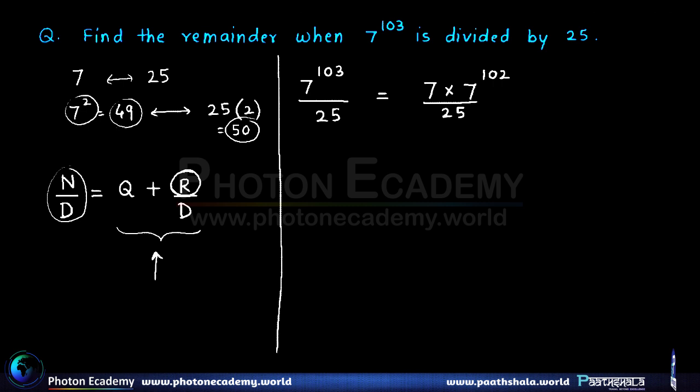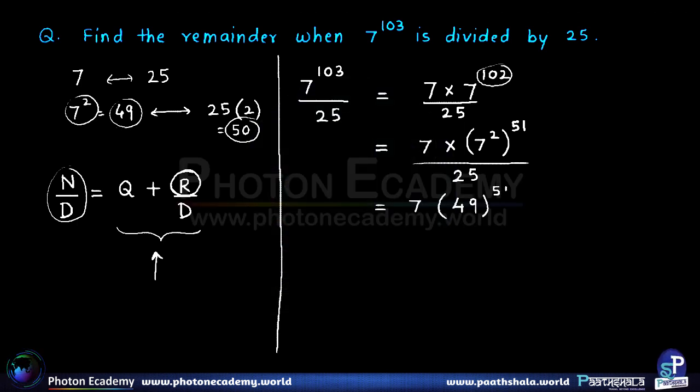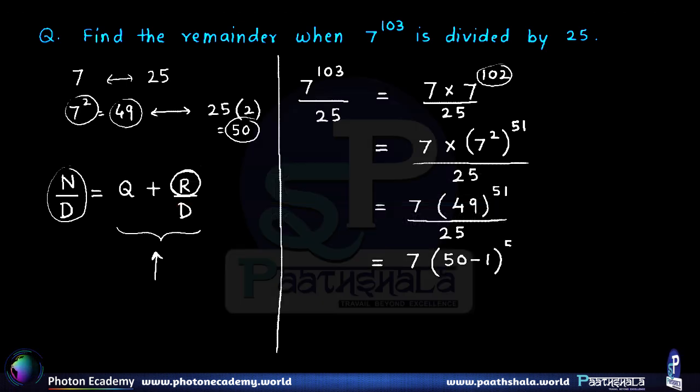Now from this 102 I extract one factor of 2, so what remains is 51, whole divided by 25. That is nothing but 7 into (7 squared is 49) whole raised to 51, upon 25. The whole purpose was to find some number close to some multiple of 25, so we write 49 as (50 minus 1) whole raised to 51.